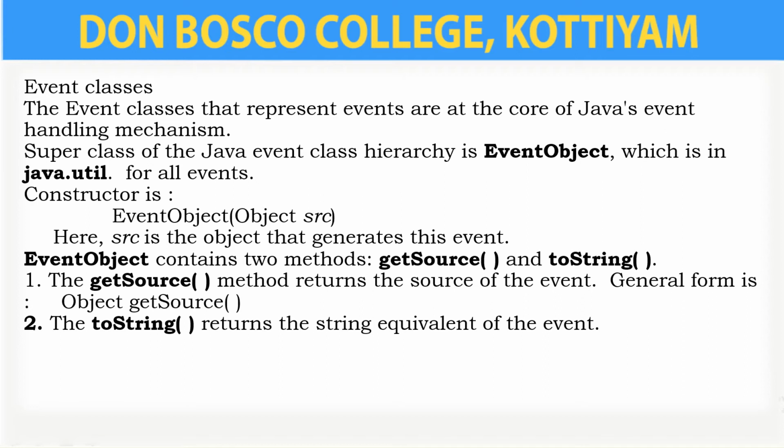The EventObject contains two important methods: getSource() and toString(). getSource() returns the event source, and toString() returns a string containing information about the event source.